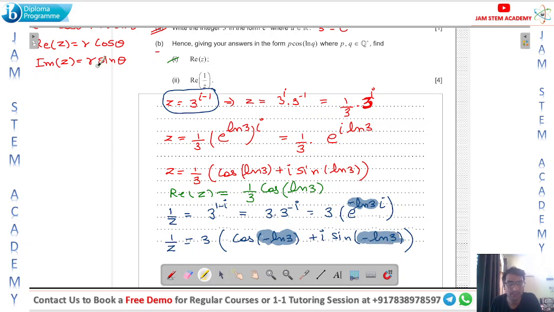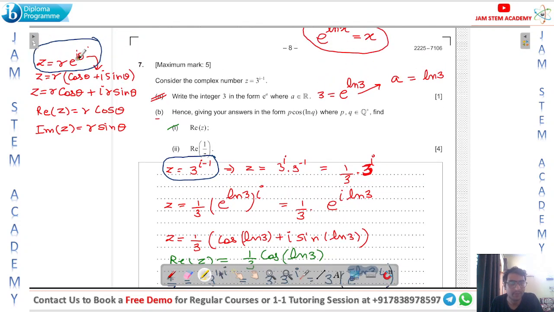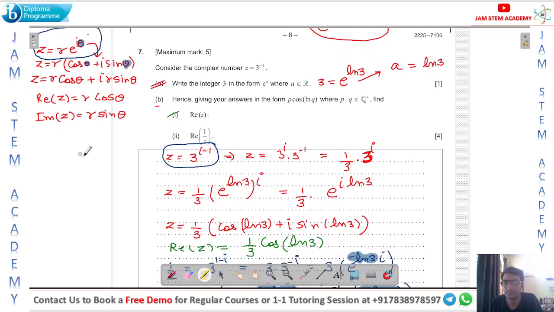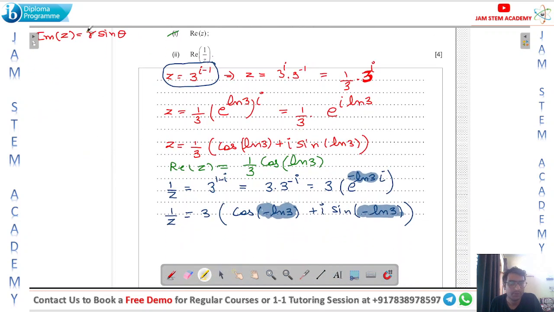And I'm using Euler's formula, that e to the power i theta is cosine theta plus i sine theta. Now on simplifying further, we have to find the real part of 1 over z only. That comes out as 3, as it is, times the part without i, which is cosine of natural log of 3.